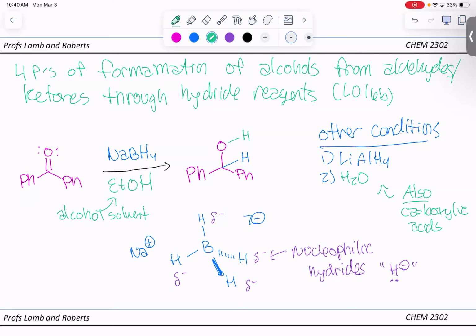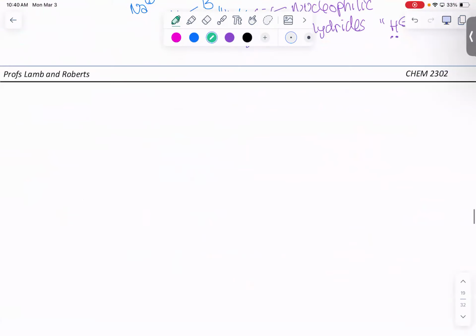All right, we also learned more reduction chemistry very early on, but we didn't really connect it to the aldehyde and ketone functional group. So we learned about the 2 P's for reduction of ketones to CH2s.